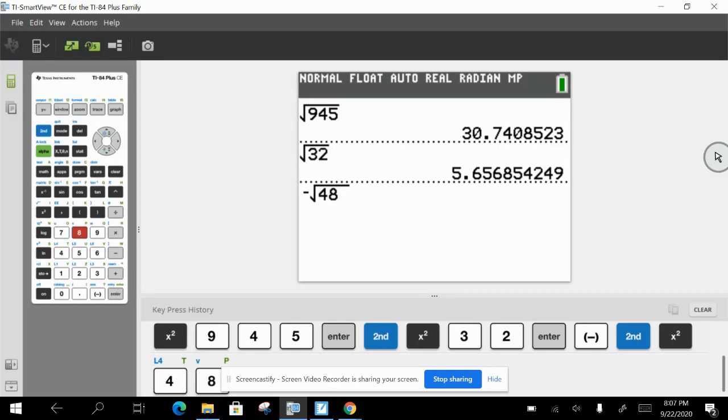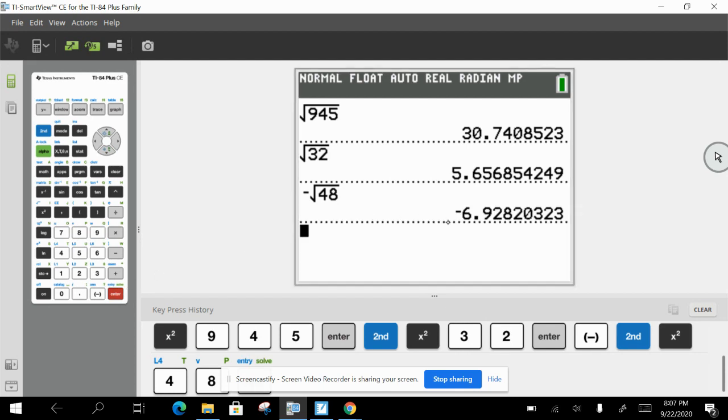Now, what you can do is think about what this would be close to. So what number would the square root of 48 be close to? And hopefully you're saying -7, because 48 is very close to 49.